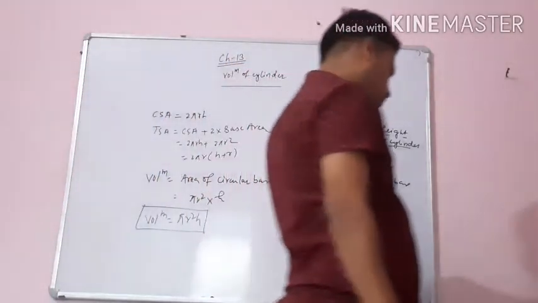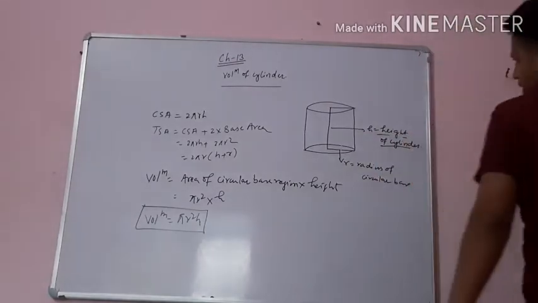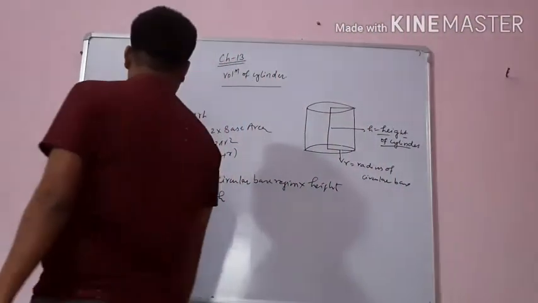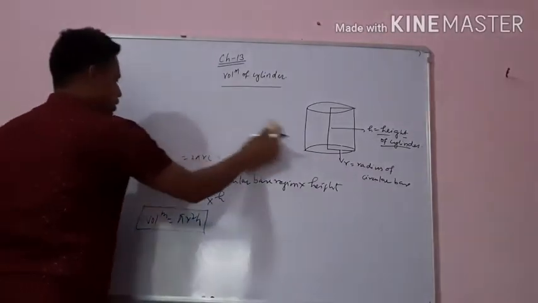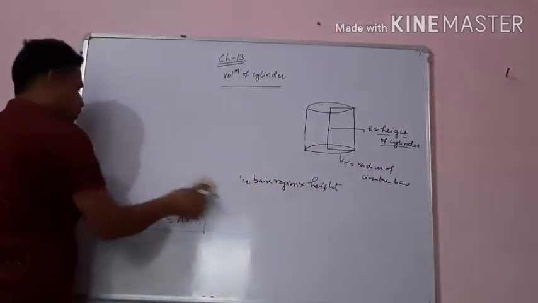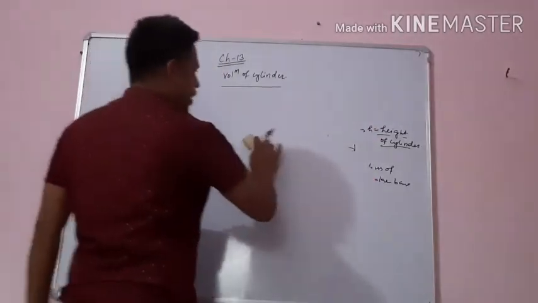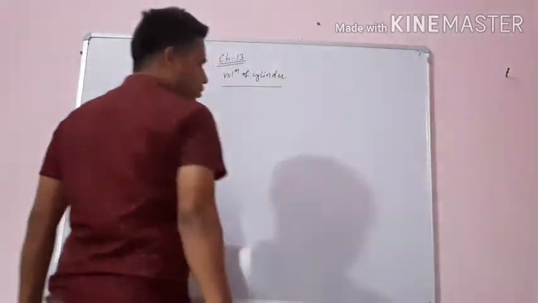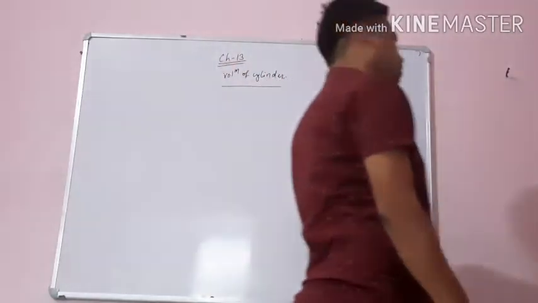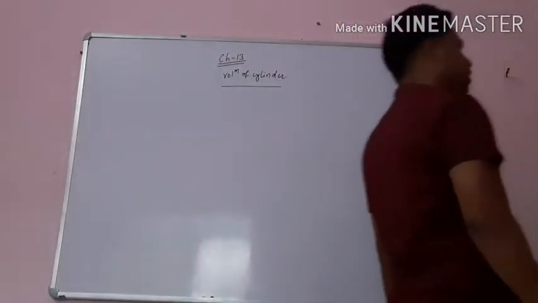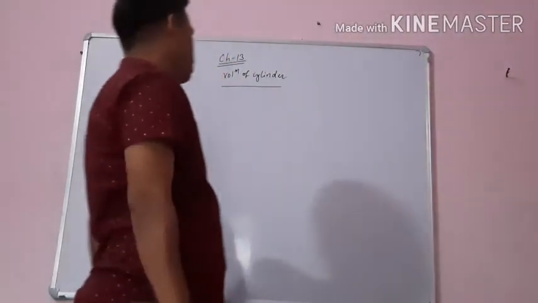So we have to remember three formulas for the cylinder. First formula is CSA. CSA of cylinder is given as 2 pi r h. TSA is given as 2 pi r (h plus r), and volume of the cylinder is given as pi r square h. Where pi is constant, the value of pi will be given either 22/7 or 3.14.